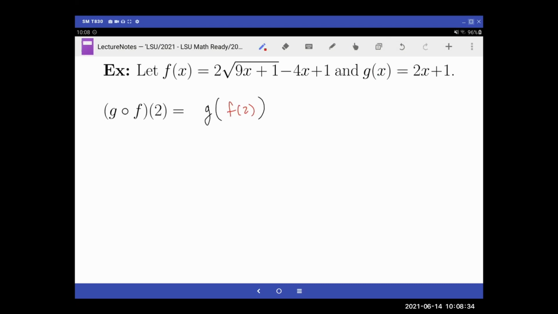So what we can do here is figure out f of 2, right? Find the output of that. That output will become the input for g. So f of 2 would be 2 the square root of 9 times 2 plus 1 minus 4 times 2 plus 1.